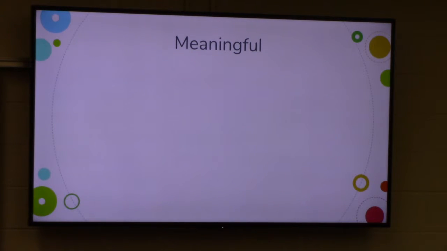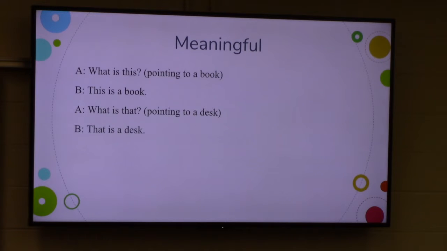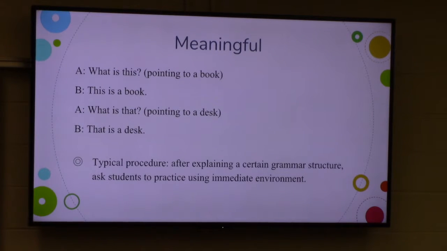So the next type is meaningful. Again, I'm going to give you a sample. So this could be a dialogue in class. After you explain a certain grammar structure, or you give a group of vocabulary, and you ask the students to practice, we can conduct this practice like this. So, what is this?